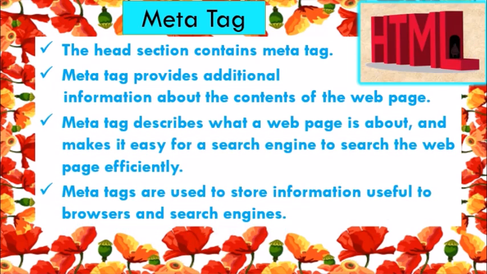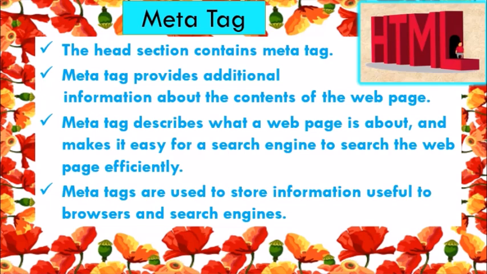Meta tag. The head section contains meta tag. Meta tag provides additional information about the contents of the web page. Meta tag describes what a web page is about and makes it easy for a search engine to search the web page efficiently.